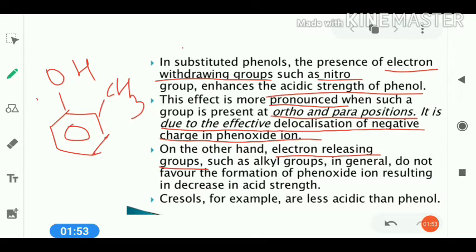If it is at para position, para-cresol. So if any alkyl group is there, it does not favor the formation of phenoxide ion, because it is an electron donating group. If it donates electrons, it will affect the release of hydrogen. It will not let the hydrogen go easily, which decreases the acid strength. As I have given you the example of cresol, cresols are less acidic than phenols.